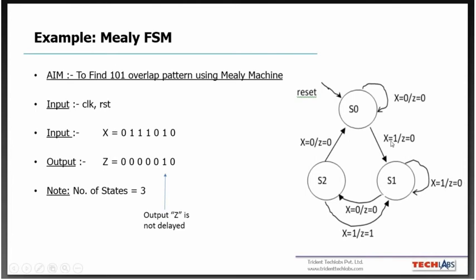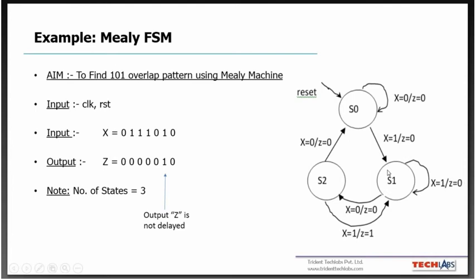That is this condition. X is equal to 1 has been found, and the output is not 1 because it has not found the complete pattern. So this is one transition, and another transition is from S0 to itself, that is x is equal to 0. Since the first value is not 1, it will remain in the same state until it finds the first value to be 1. After moving to state 1, immediately after 1, it has to find the value 0.